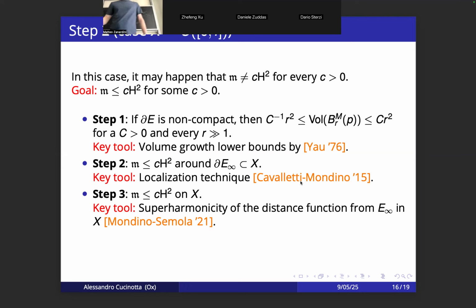And the other thing I wanted to ask is, did you use a lot the regularity of the original manifold, the smoothness of the original manifold? Good question. We did, mostly for the following reason.